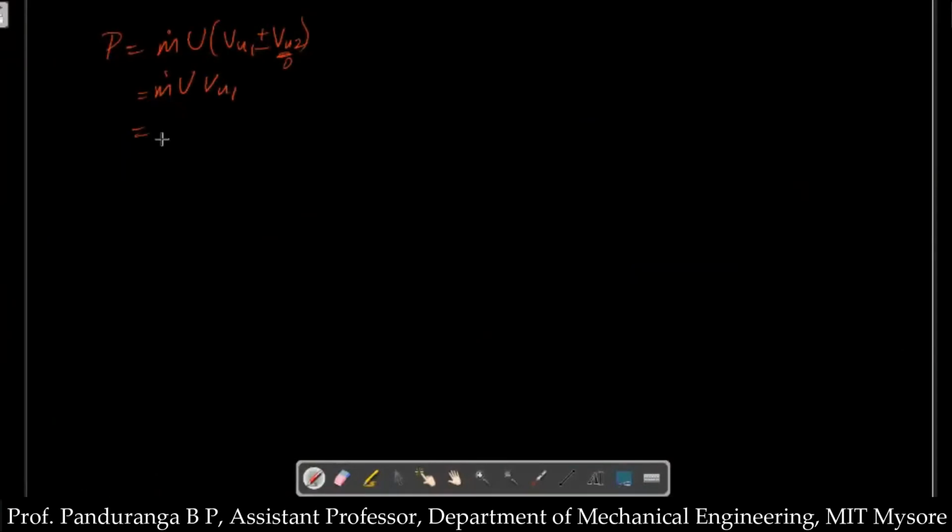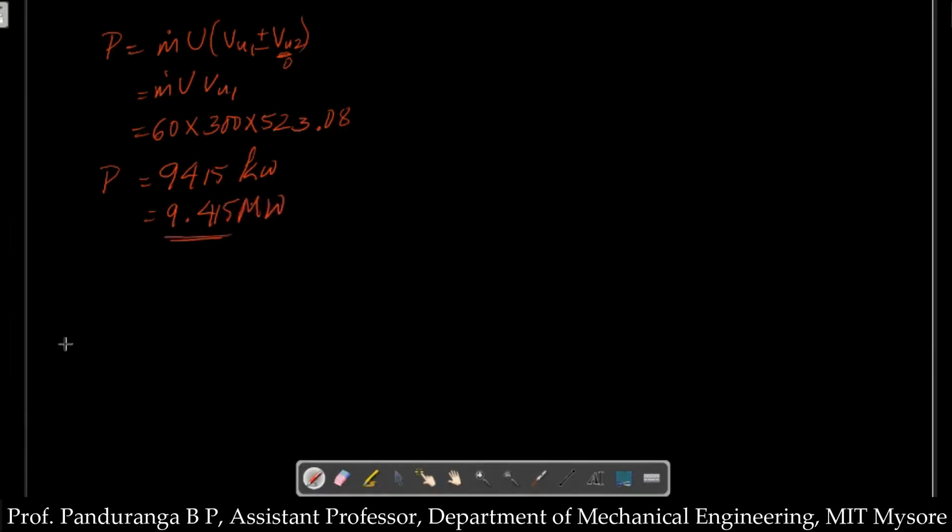So it is 60 into 300 into 523.08, which is 9415 kilowatts, or 9.415 megawatts. So this is the power developed.